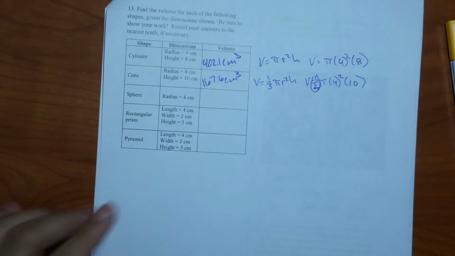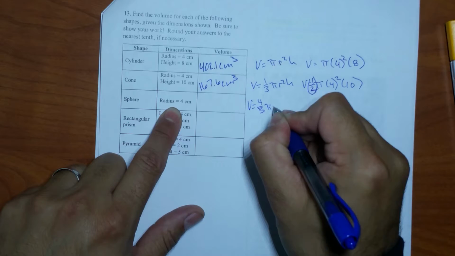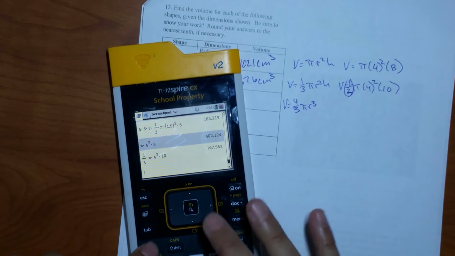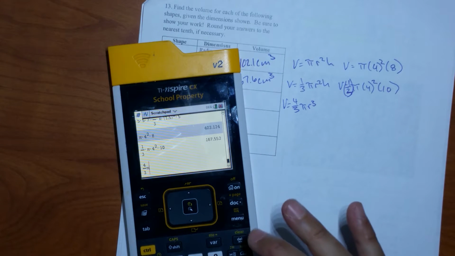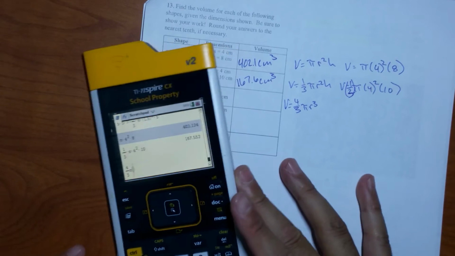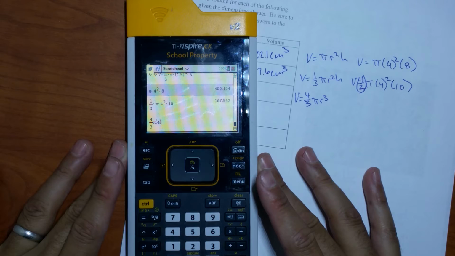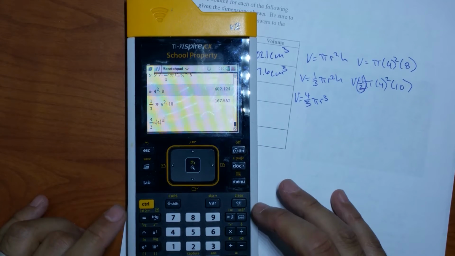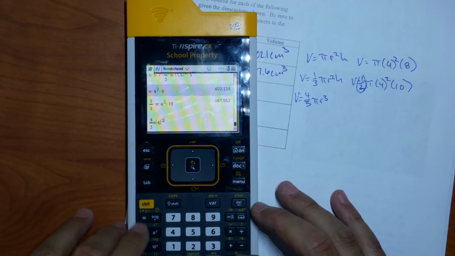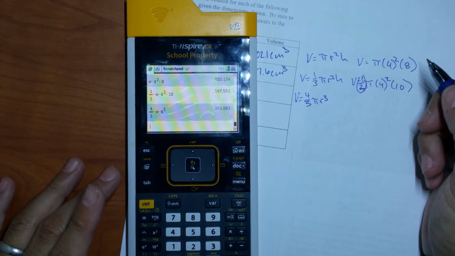cm cubed. A sphere, volume is 4/3 pi r cubed. And remember to do the third power, you do a caret 3. It's right here next to the x squared, to the left of it. And I get 268.1.